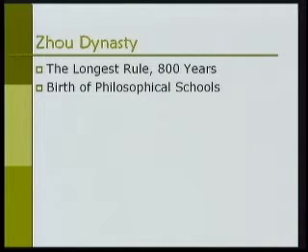Now, there is something very unique, or I don't know whether to call it strange, that it was during the Zhou dynasty or the later period, the Eastern Zhou dynasty, that you would see the rise of these great philosophical schools in China.